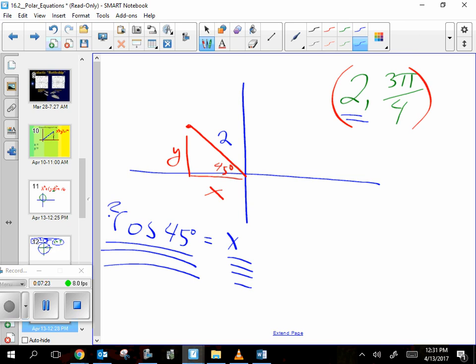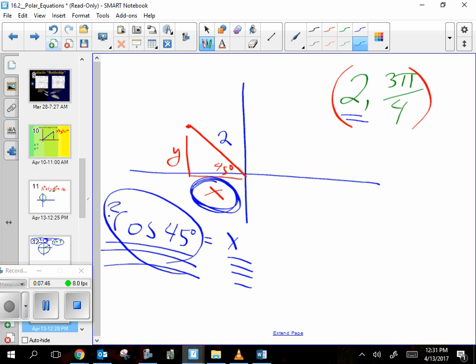Is this a polar or is this a rectangular? Well, it's just telling me how long this side is. This side is that. I'm going to give you a secret. There's a way to do this way easier, and I wanted you to see it in the picture first. This other way I'm about to show you means you don't even need a picture.